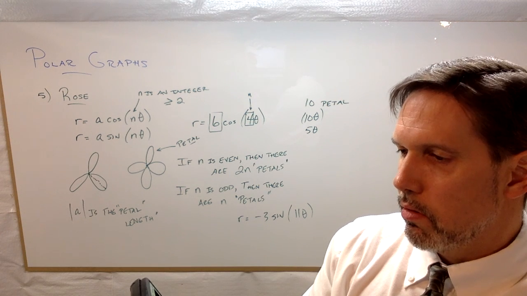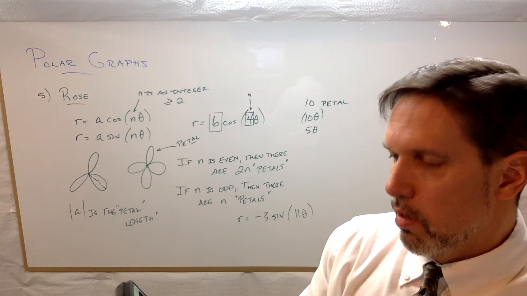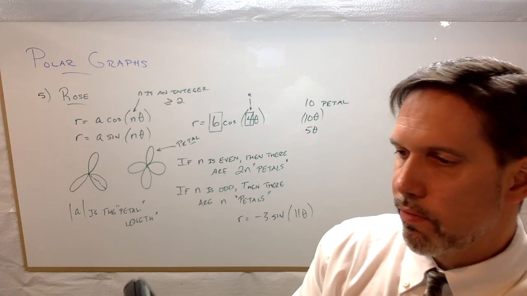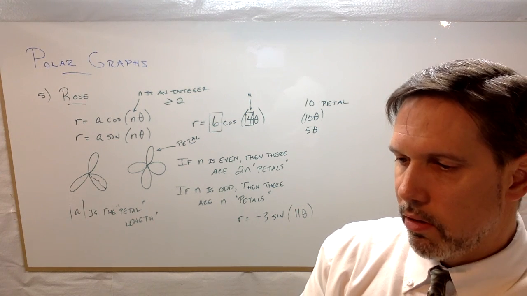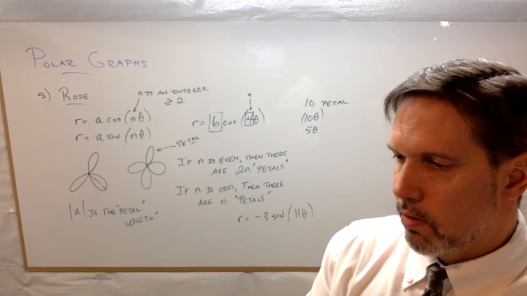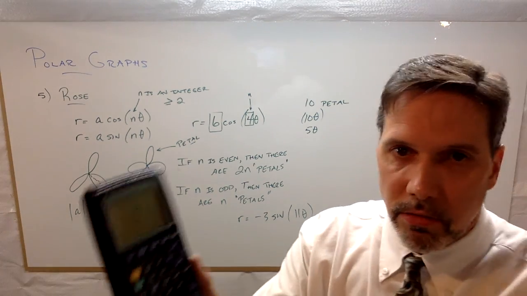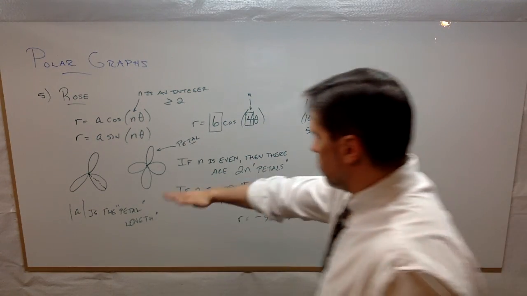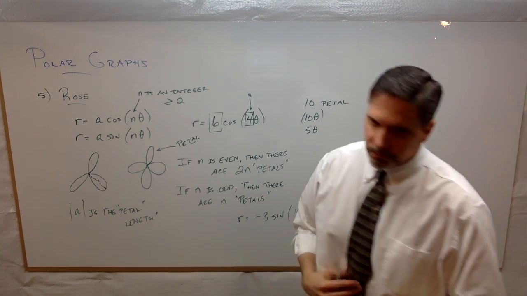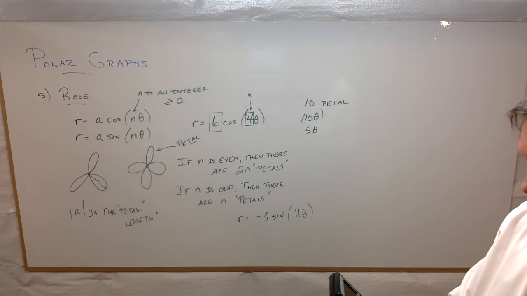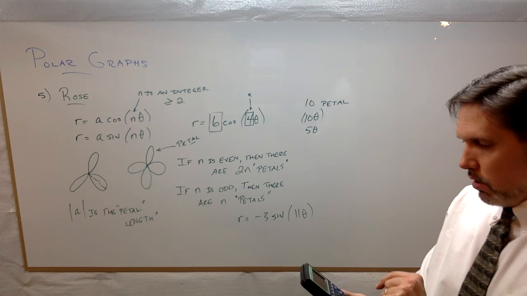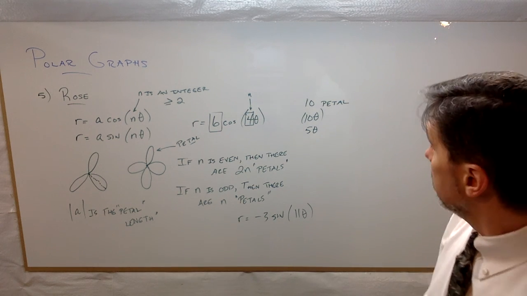X max is 6.8. Graph. Why are you not working for me? Now, you get the idea. The petal lengths will be the absolute value of that. So, sorry. That is not doing what I want it to do. 6. There we go. All right, we'll live with it.